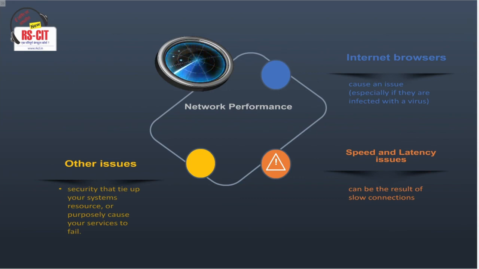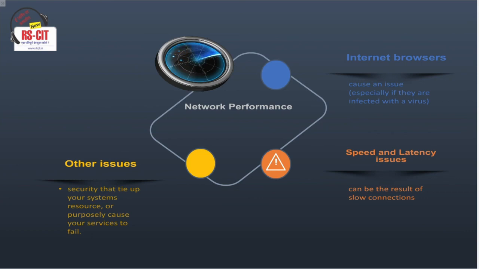Speed and latency issues can be the result of slow connections or from a network that is saturated with data. Also, using a hub instead of a network switch that keeps a switching table in memory can cause major issues with speed and latency.